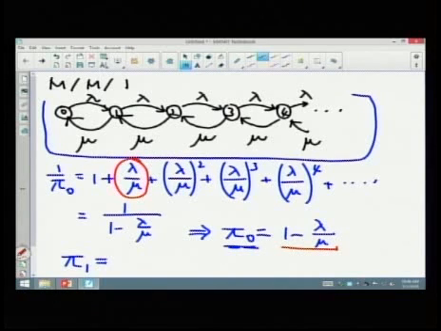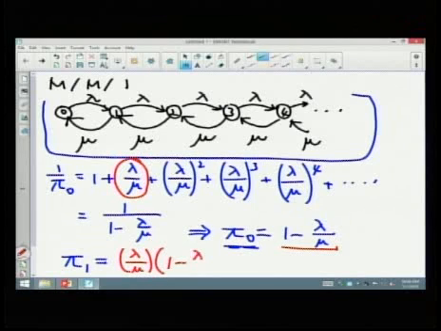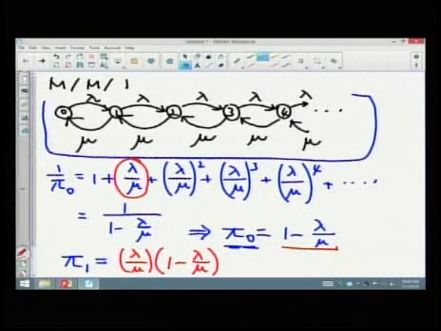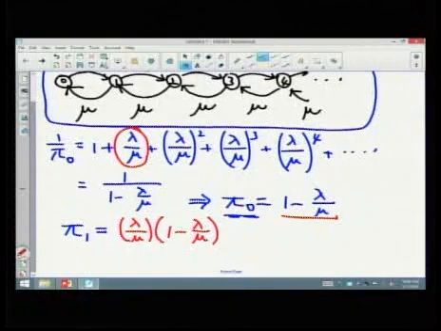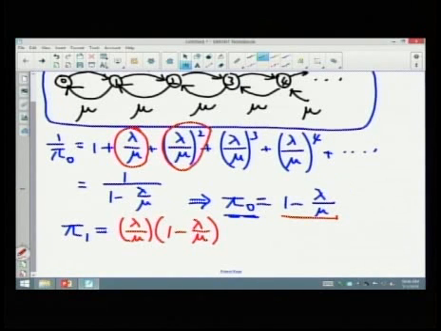So that's going to be lambda over mu times pi 0, 1 minus lambda over mu. Is that right? How about pi 2? Pi 2 would be this next term times pi 0.